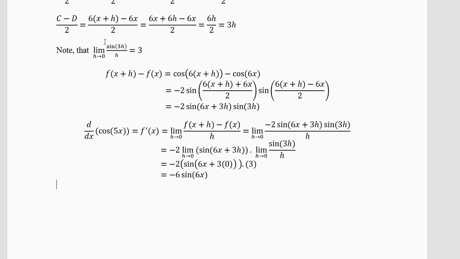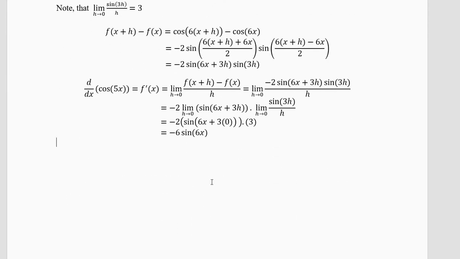This step is sine, not cosine. Copy it from here and take this limit, sine 3h over h, which is 3. This minus 2 is outside, and this is sine 6x. So you'll get the final answer as minus 6 sine 6x.